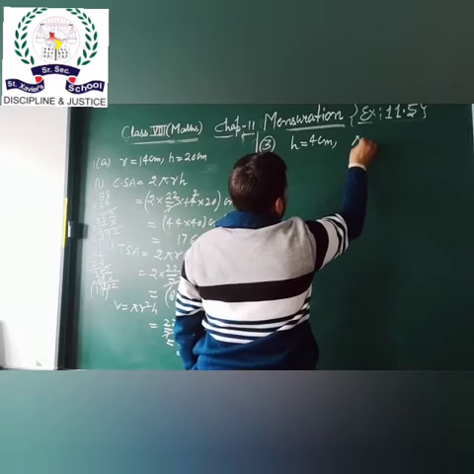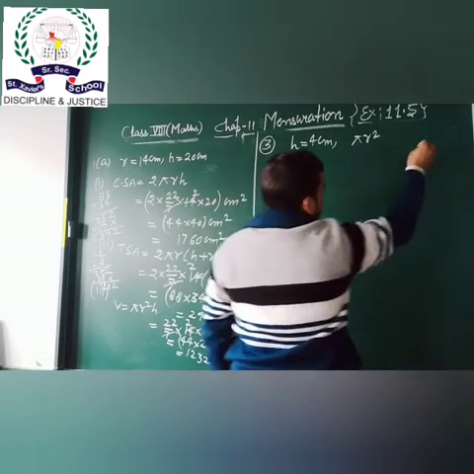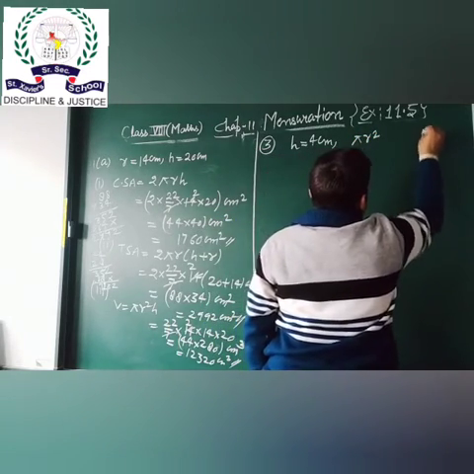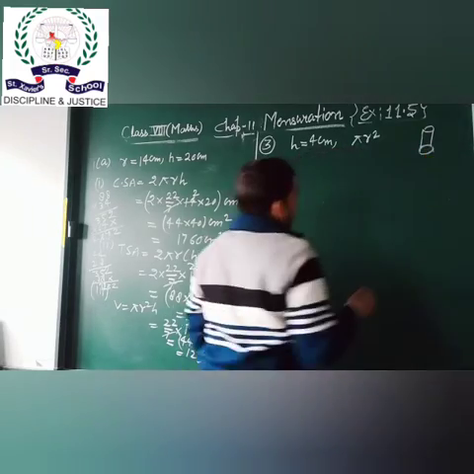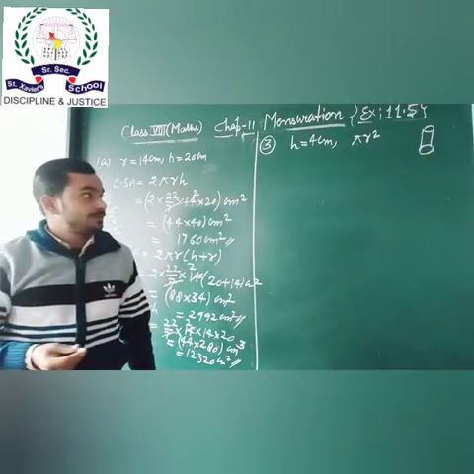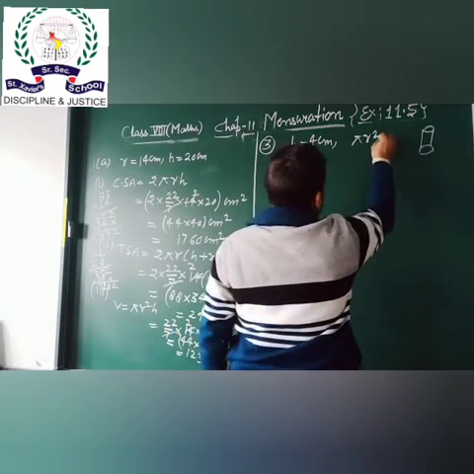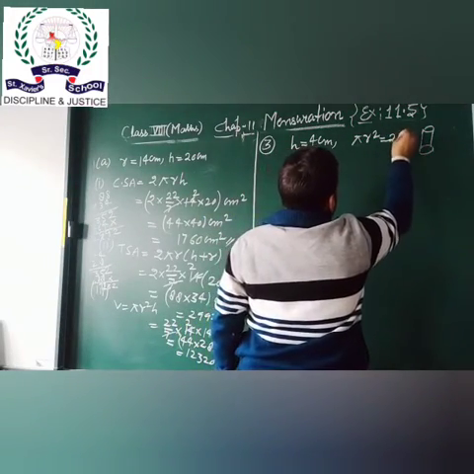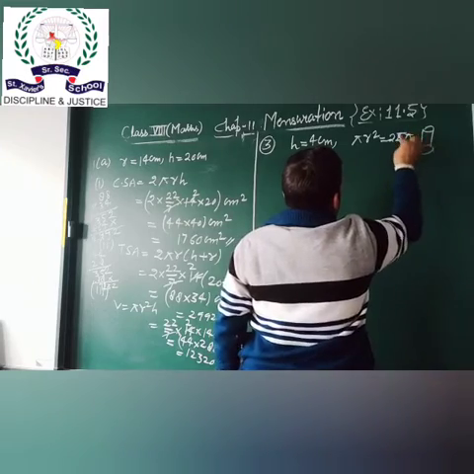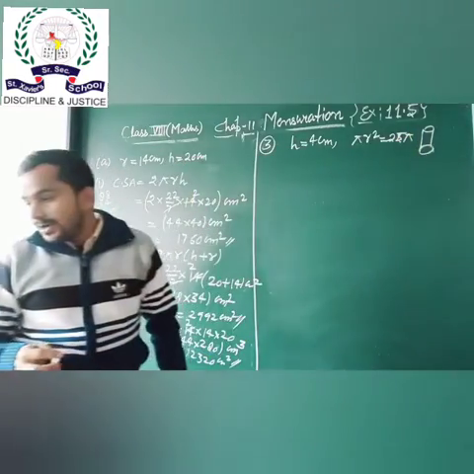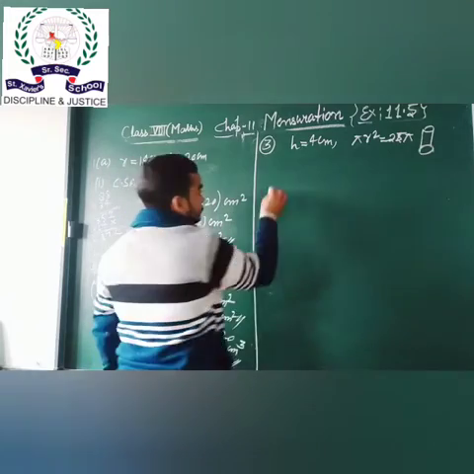Area of base means pi r square. The base of the cylinder is in the form of a circle, so the area of the base equals pi r square, which is given as 25 pi centimeter square. Find the volume of the cylinder.